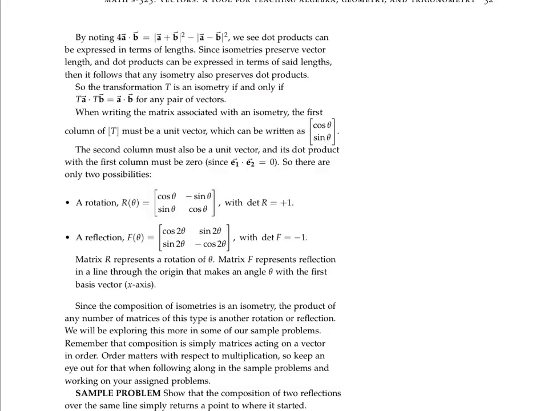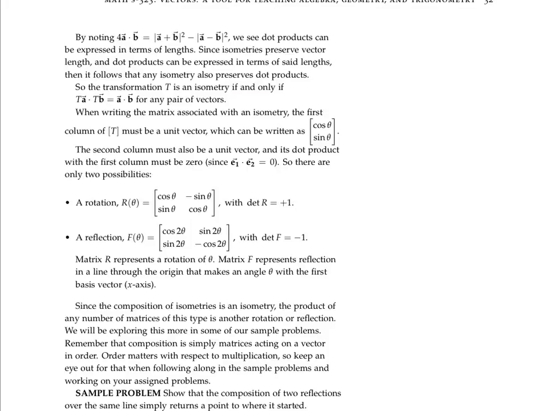The second column must also be a unit vector, and its dot product with the first column must be 0, because if E1 and E2 have dot product 0, then the columns of the matrix representation of the isometry must also have dot product 0, because dot products are preserved.